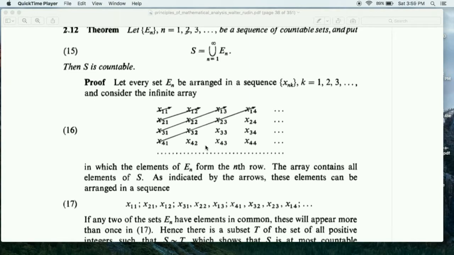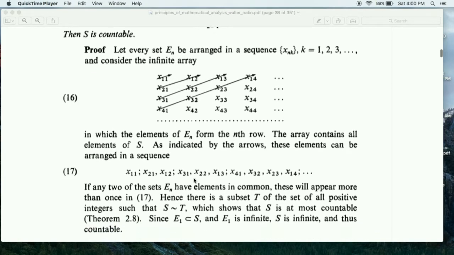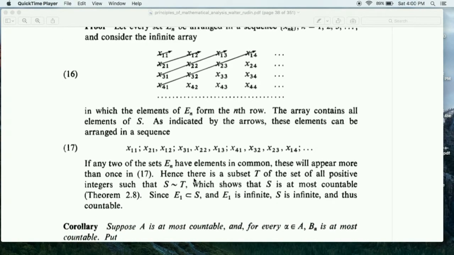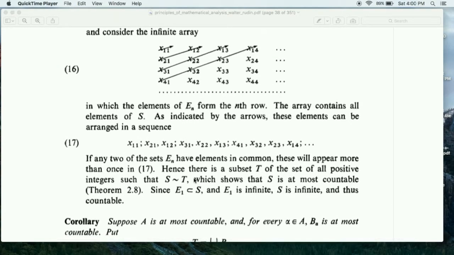That means we will have a one-to-one correspondence with J. S is equivalent to J. Or more precisely, S has a one-to-one correspondence with a subset of J. So we know that S is at most countable. We take a subset of J because there might be overlaps.